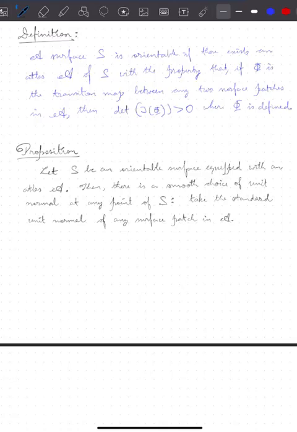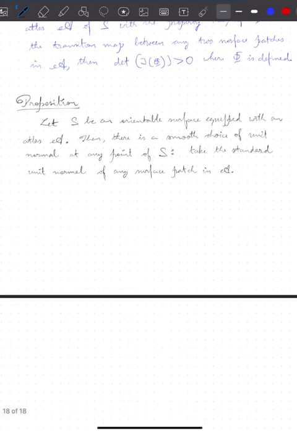Because the thing is, since it's an orientable surface, right? So the determinant of J of phi is always going to be greater than 0. Which means that the sign of the unit normal is well defined, right?